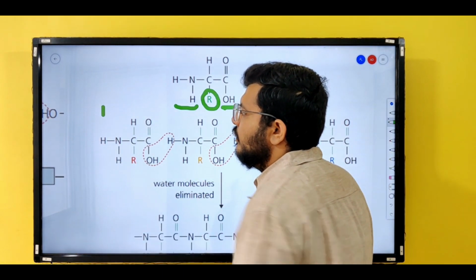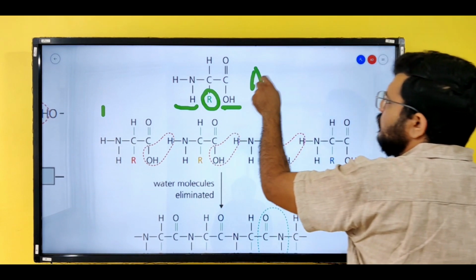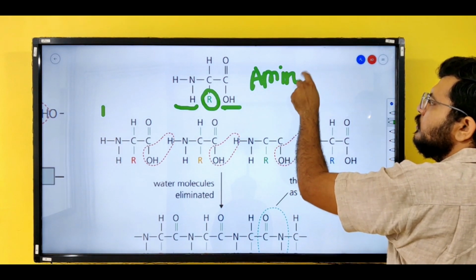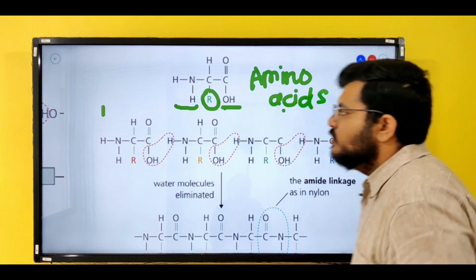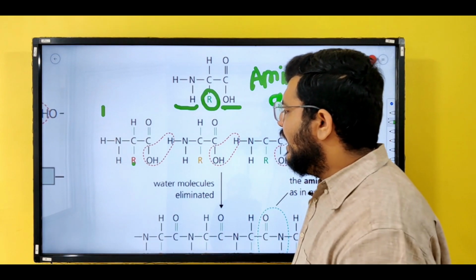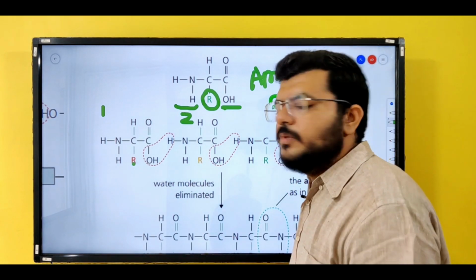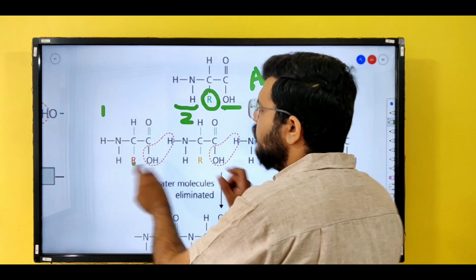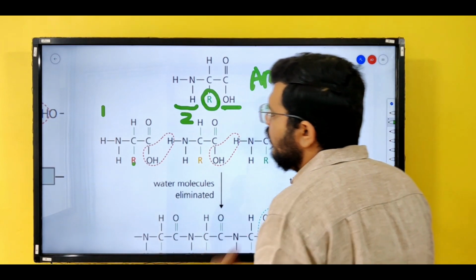Let's say this is the first type of amino acid, right? The monomers of proteins are amino acids. So let's say this is the first amino acid because the group is R in red. This is the second amino acid because the group is yellow R. So the different color means a different chain length, a different type of compound.